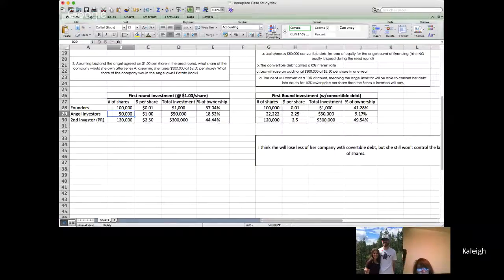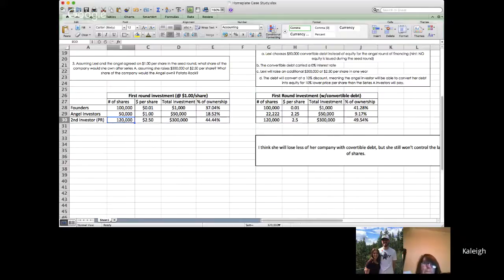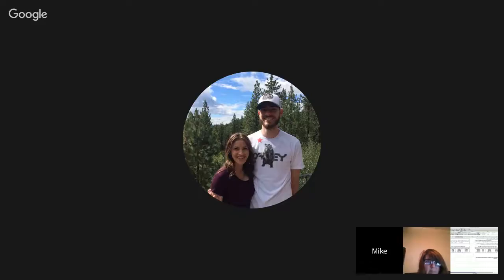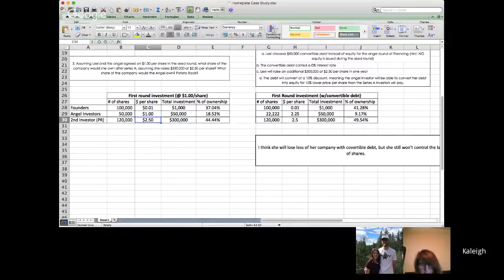That divided by that. Oh shoot. Okay, and then the Potato Rock was 300,000 at $2.50 per share. So 300,000 divided by 2.50 gives you 120,000 shares.